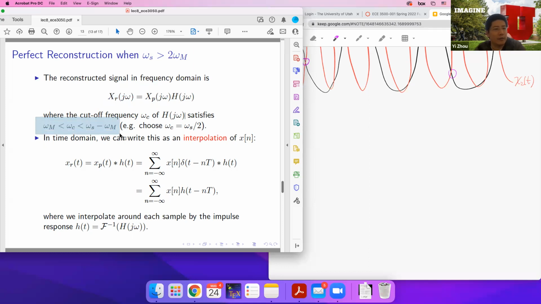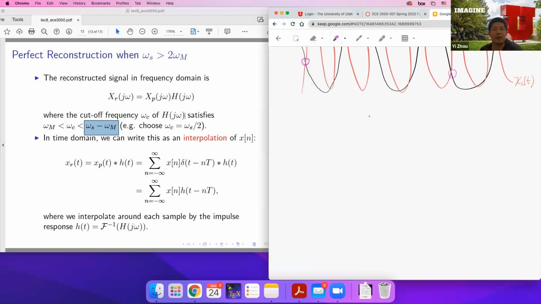To satisfy this inequality, a special choice is to set the cutoff frequency to be ω_s over 2, that is, 1/2 times the sampling frequency. Because you can see that this choice satisfies both the lower bound and upper bound. Right, so you have two inequalities here. Let's explain this.